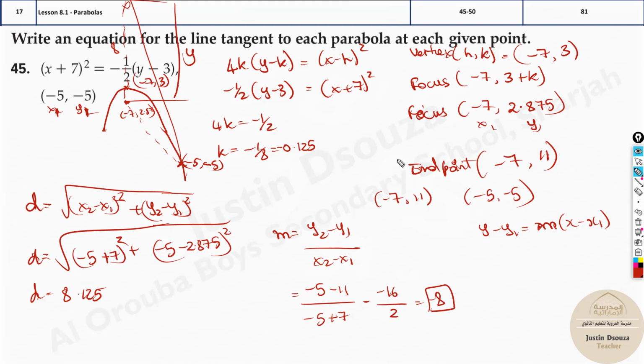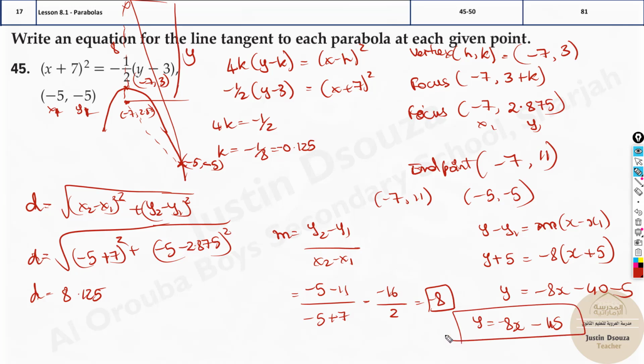Always, for the last form, to write the equation of the tangent line, since it's given, you can even write the other point. The answer is correct, but the values will differ. So it's better to write this one itself. So y minus of minus 5 will be plus 5, is equal to m, which is minus 8, times x plus 5. It will be y is equal to minus 8x minus 40, and this 5 to the other side will be minus 5. y is equal to minus 8x minus 45 is the answer.